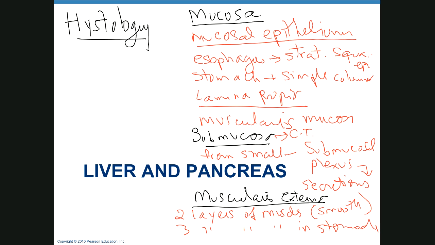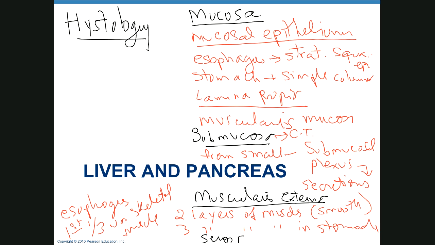And the other exception was the esophagus, where the first third was skeletal muscle. And then the last layer was the adventitia or serosa, which again is connective tissue. Okay, so those are the histological layers of the GI tract, and you should know those. And you should know the exceptions and when tissue changes, and we have special structures in certain areas.